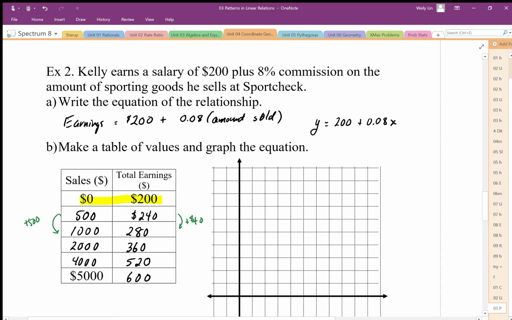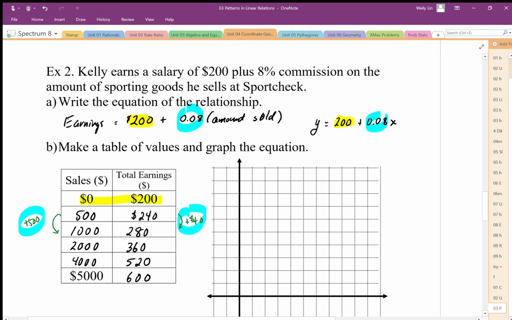How does that connect to the parts in the equation? Well, there's my starting amount. The way I increase is by using that 8%, so that 8% should represent the rate of increase.